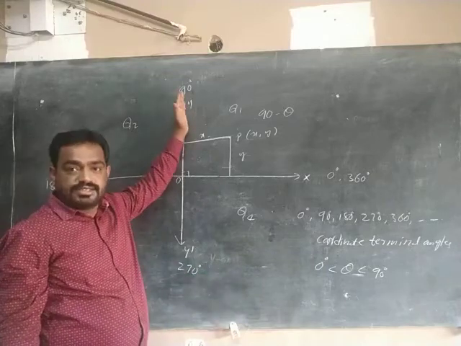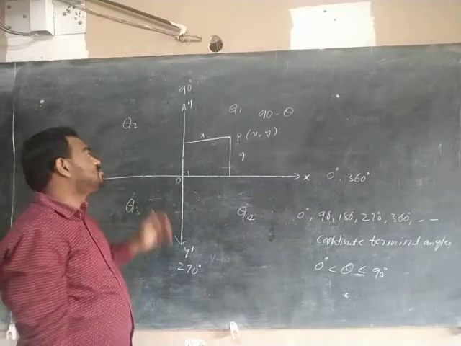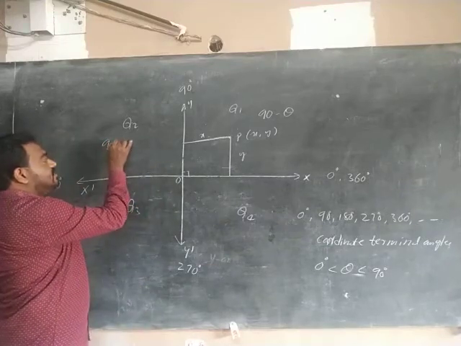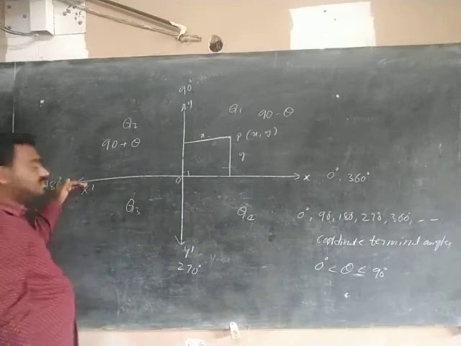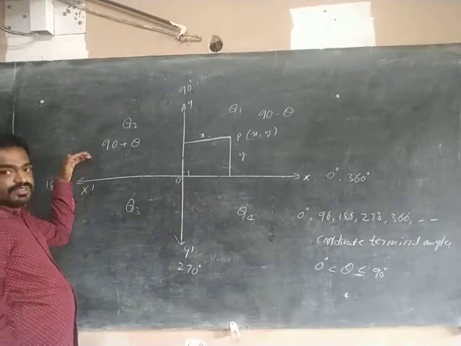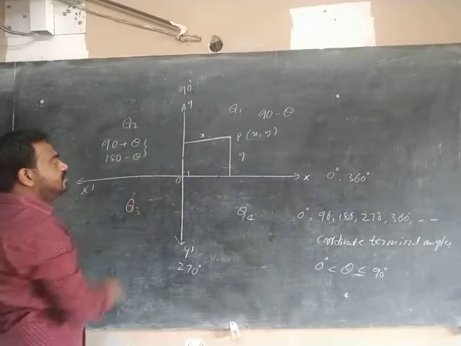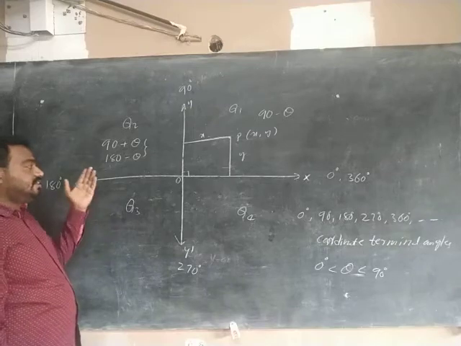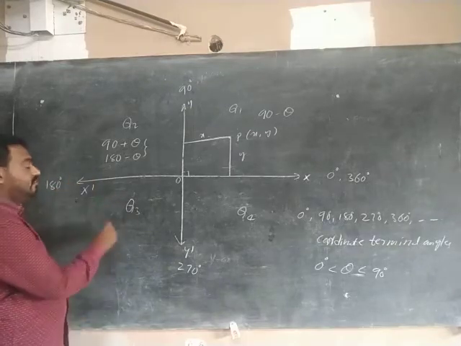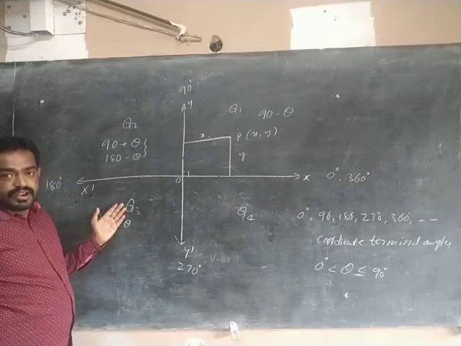This is 90 degrees. If you add some angle, we go to the second quadrant, so the second quadrant angle is 90 plus theta. This is 180. If you subtract some angle, we are still in the second quadrant, so 180 minus theta also lies in the second quadrant. Next, for 180, if you add some angle, we get 180 plus theta in the third quadrant.